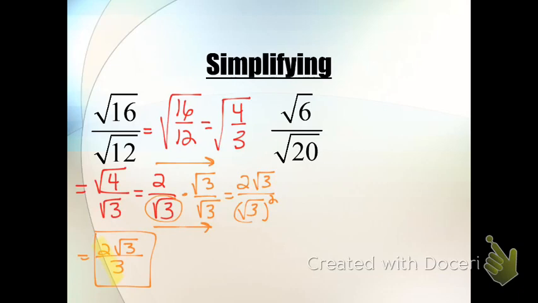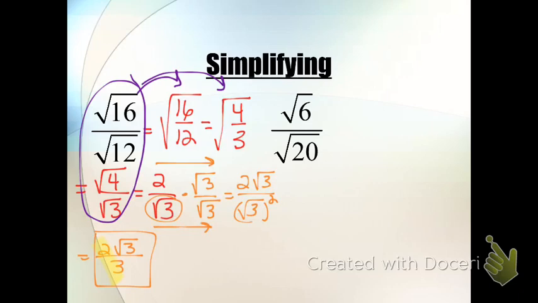Next I'll do the same thing with the square root of 6 over square root of 20. Now I'm going to show a little less work on this one than I did the last one. You notice that I could have just skipped some of these steps, and I could have taken 16 over 12 and reduced it to 4 over 3 without really putting it back into the fraction and then splitting it up again.